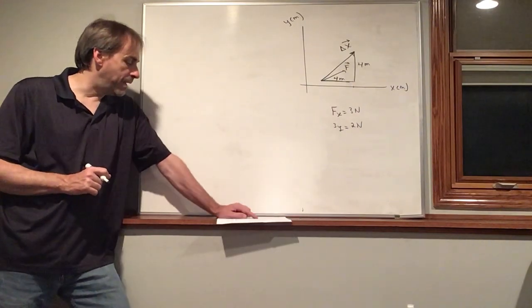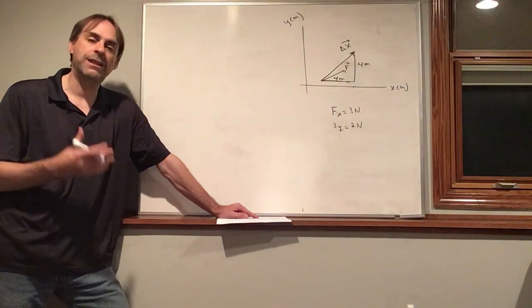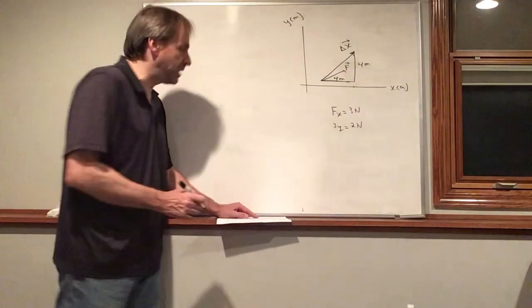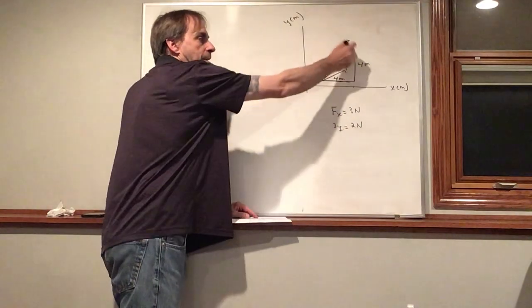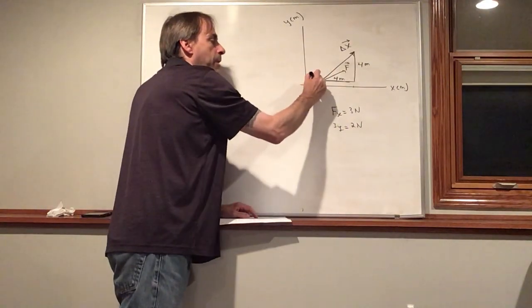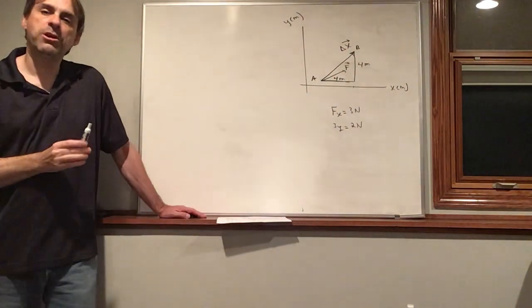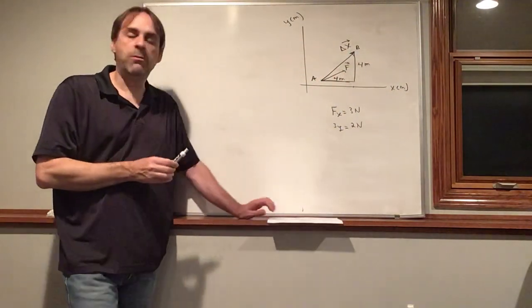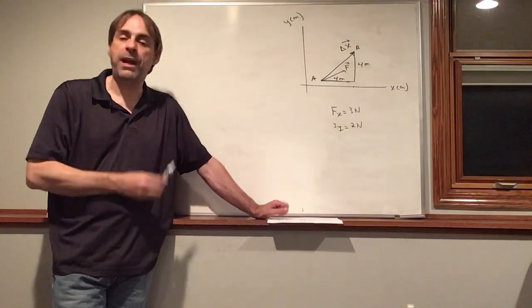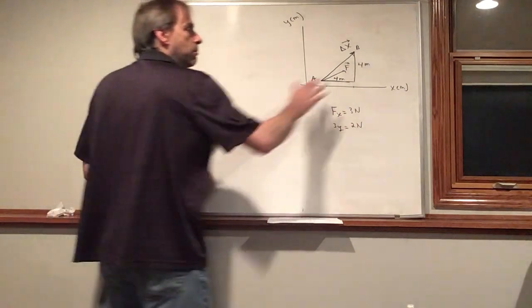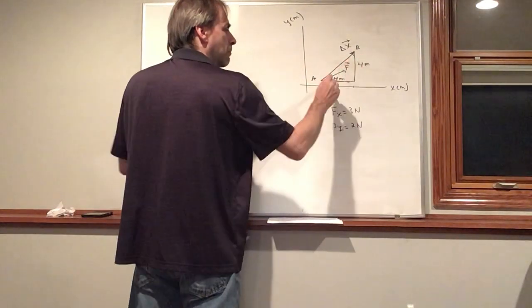And the key here is that it says this force is conservative. And so the actual displacement is on that line from point A to point B. But because the force is conservative, when we calculate the work, we can pick any path we want connecting points A and B. So let's take this path.